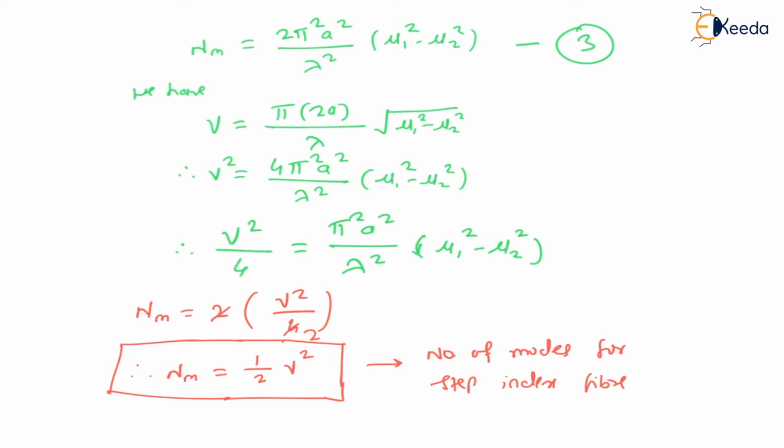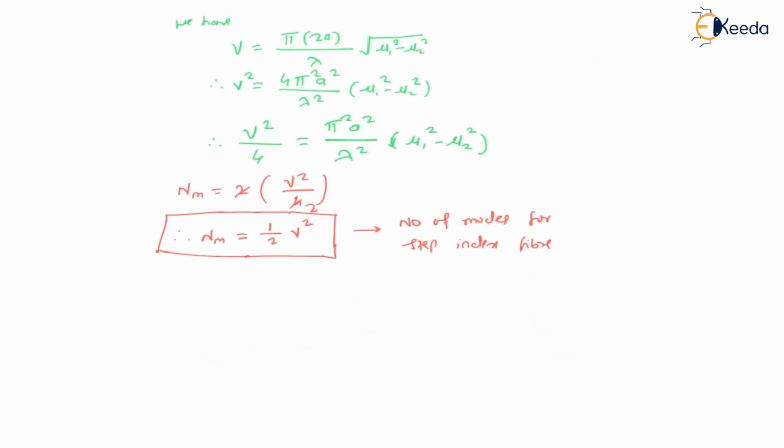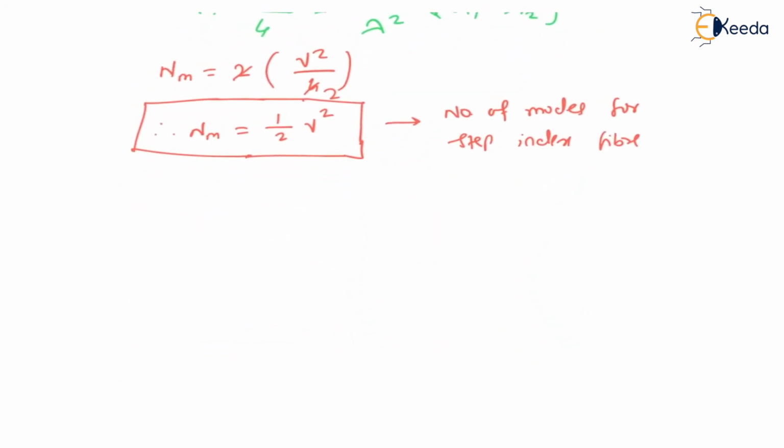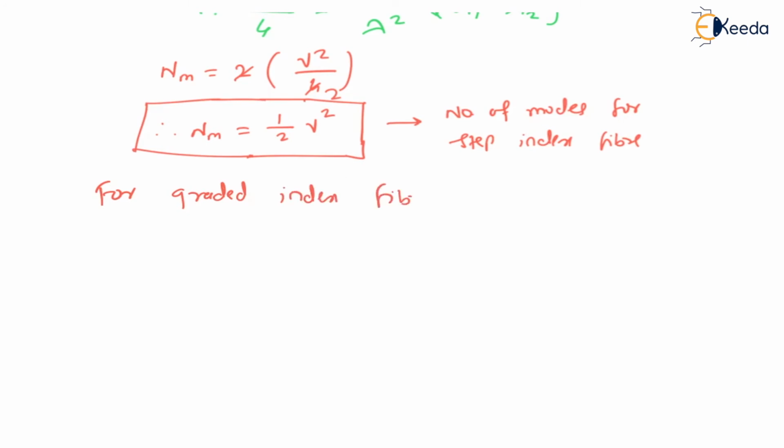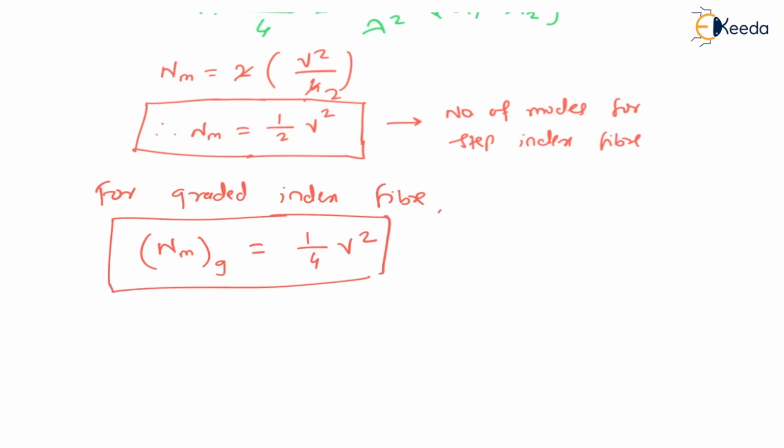Now for graded index fiber, instead of derivation, I'll give the direct formula. Nm, the number of modes for graded index fiber, will be 1 upon 4 into V square.